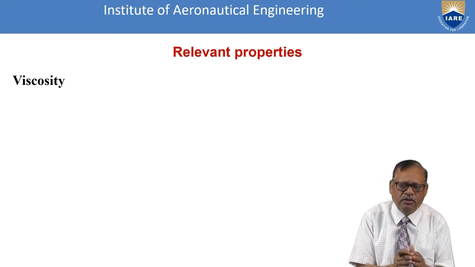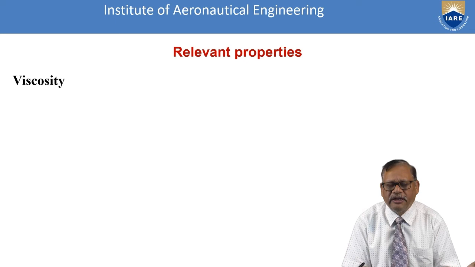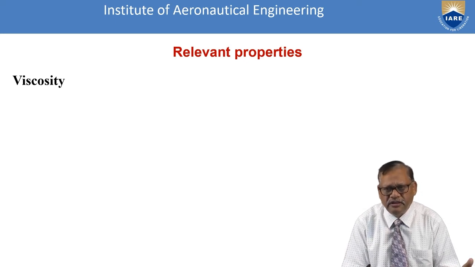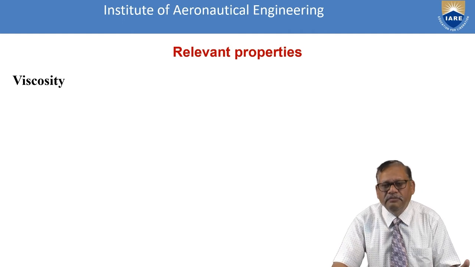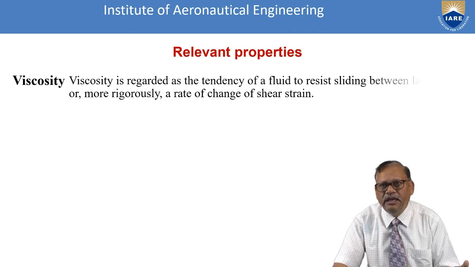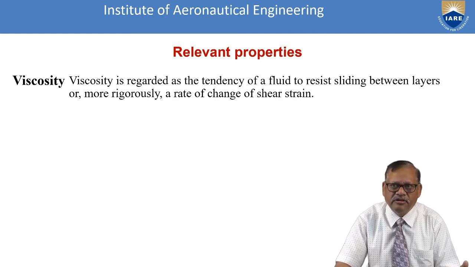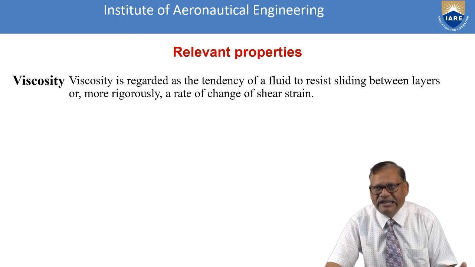Anywhere we talk about inviscid flow, but in reality it is viscous. So in the real world, to understand, we talk about viscosity. What is the meaning of viscosity? Viscosity is the tendency of the fluid to resist sliding between the layers, or more rigorously, a rate of change of shear strain.